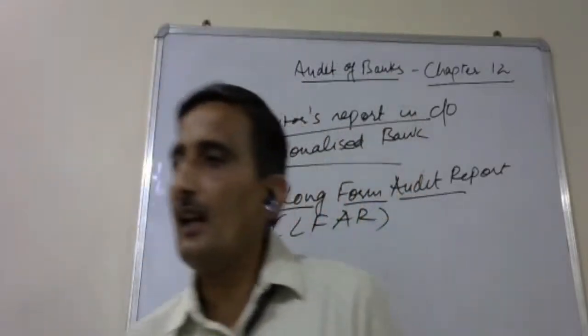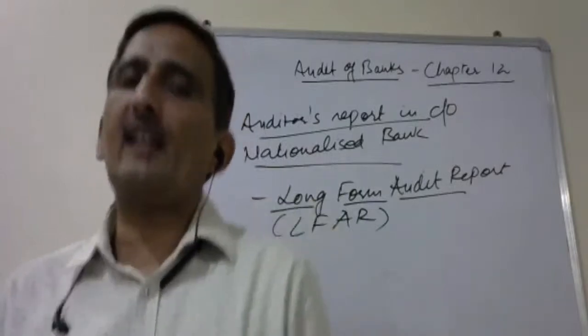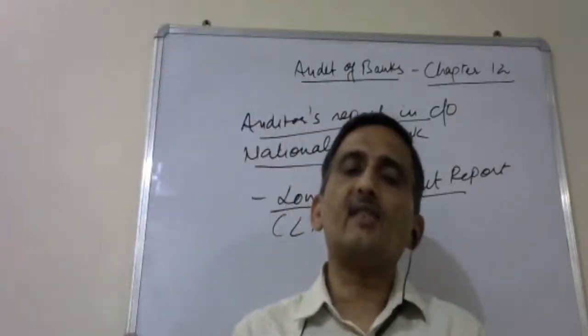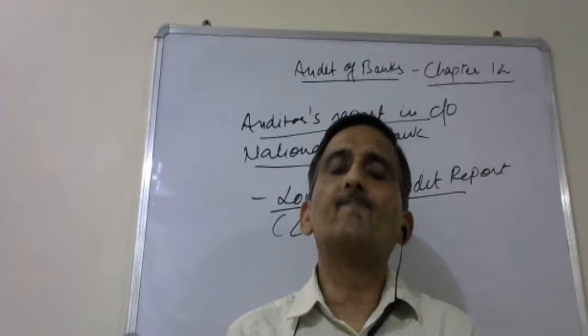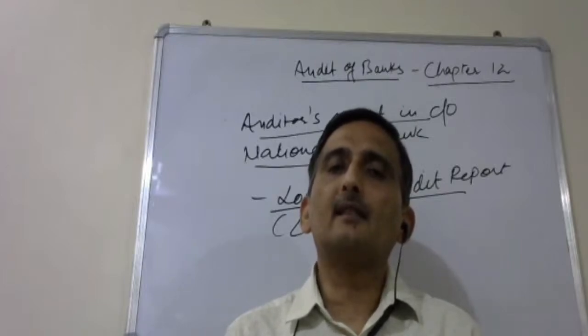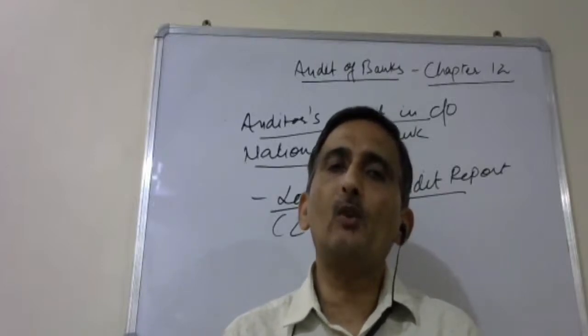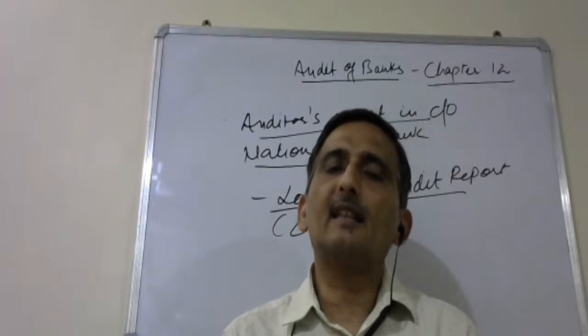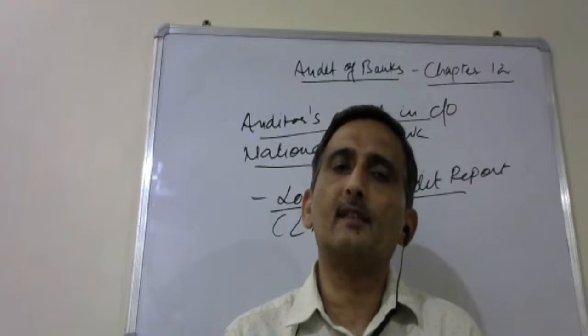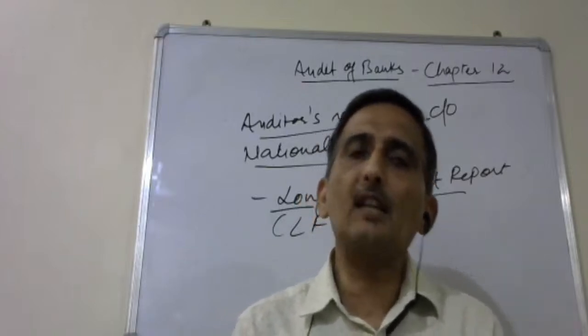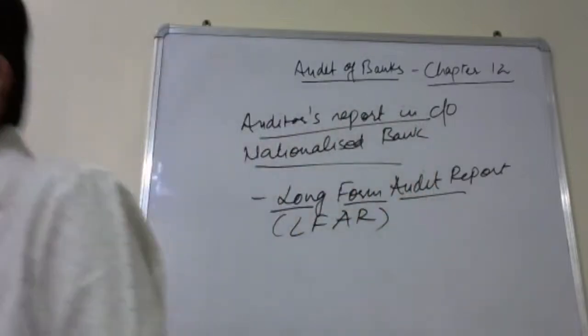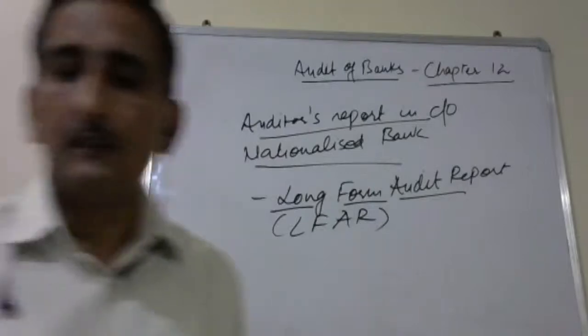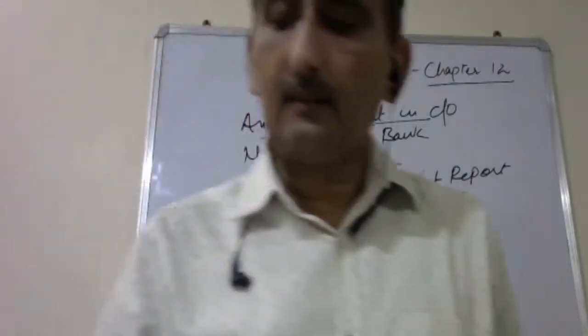Stress testing, Surbi is asking what is stress testing. Stress testing, Surbi, is in your old modules. This term has been removed from your new modules. You would see this is not in your new modules. So you need not worry about it.